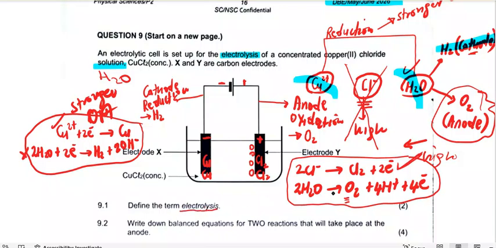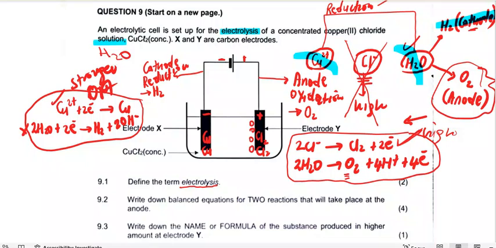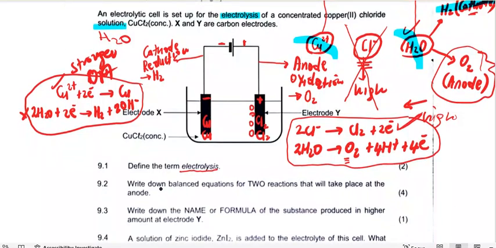Electrolysis is a chemical process where electrical energy is converted to chemical energy. Then write down a balanced equation for the reaction that will take place at the anode.